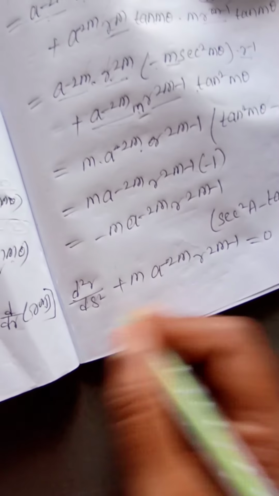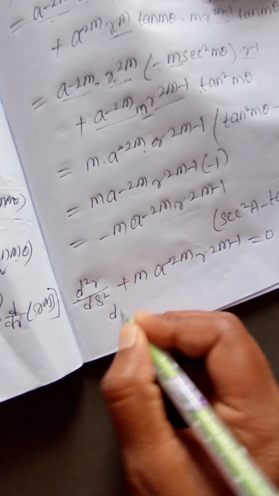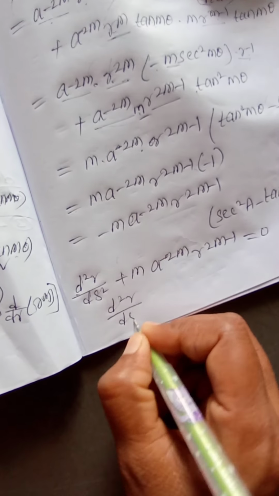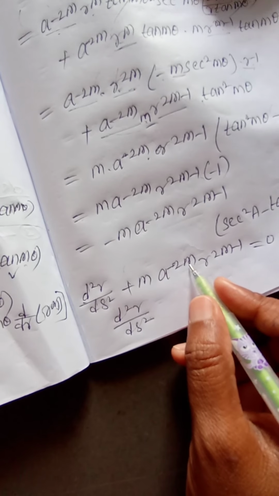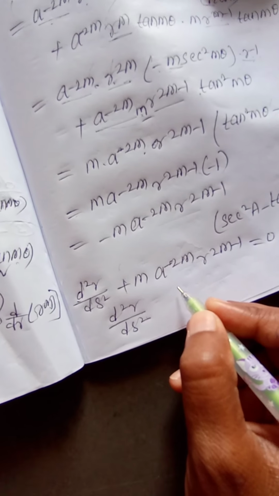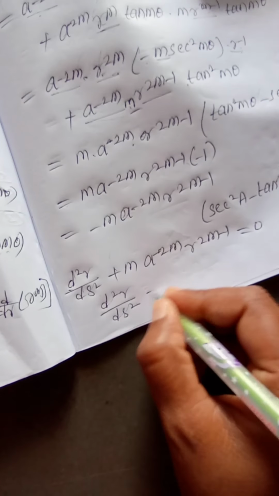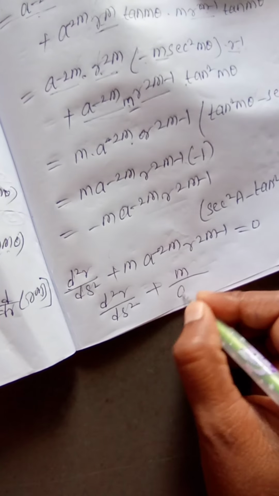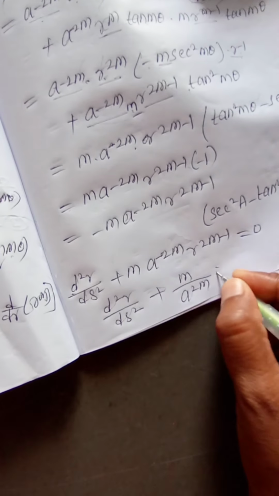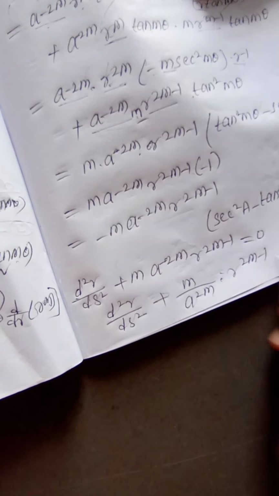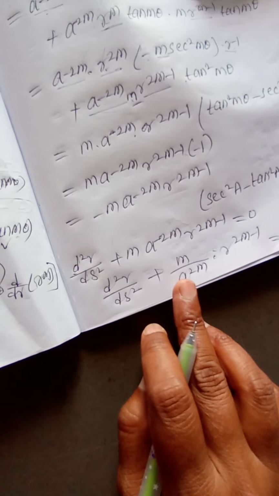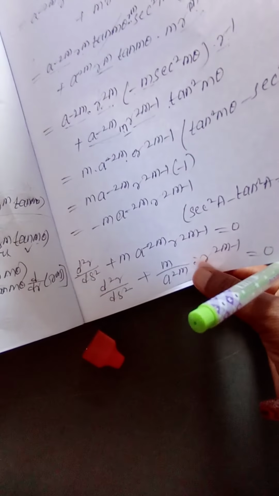So this is written as d square r by ds square. So a to the power of minus 2m, its reciprocal is 1 by a to the power of 2m, plus m by a to the power of 2m into r to the power of 2m minus 1 equal to 0. So take this value, here the LCM is a to the power of 2m. Take a to the power of 2m as LCM.